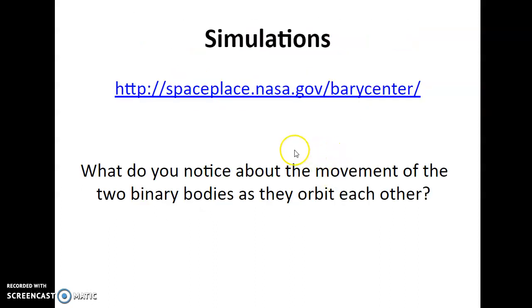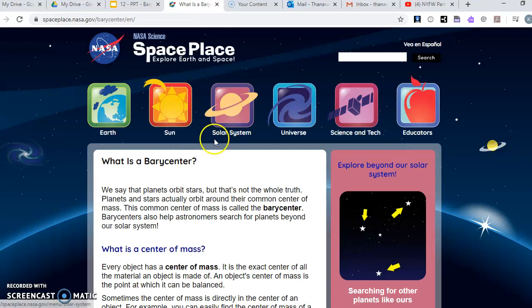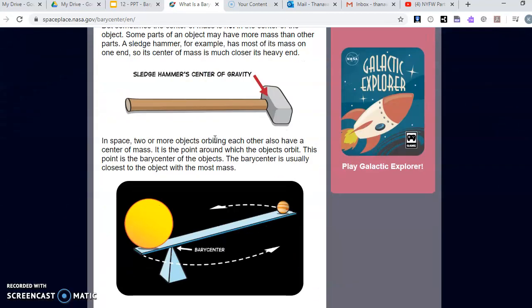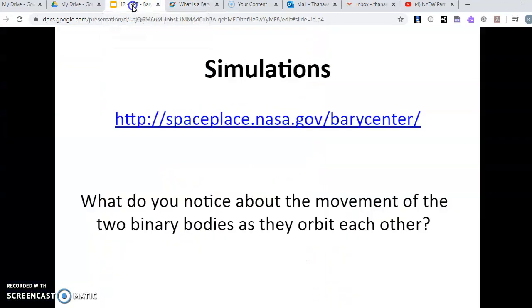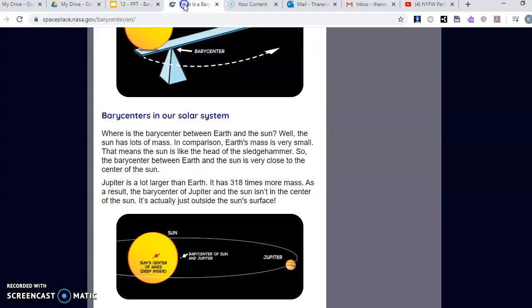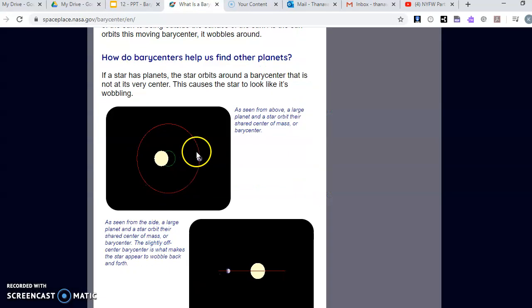So what I want you to do, or I guess we can pull this up on the screen. What do you notice about the movement of two binary bodies as they orbit each other? So I'm just going to pull this up really quickly. And what we want to get to is this simulation at the bottom.